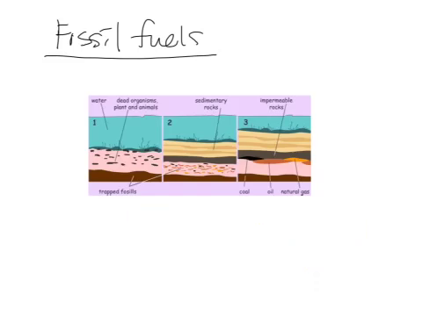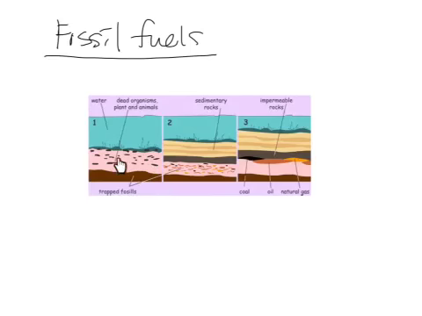This picture shows you how fossil fuels are being formed. Now, as the word fossil implies, it comes from dead organisms many years ago. So it will first start with the dead organisms here, okay?